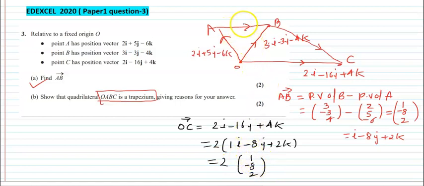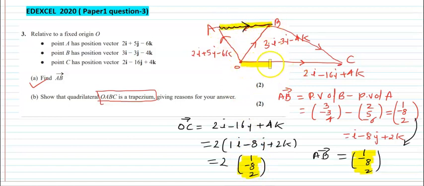If you find the AB vector, in a column vector it is the same: 1, minus 8 and 2. So they are telling us that this side AB is parallel to OC. To write about the parallel line, we need to show that OC is a multiple of AB.